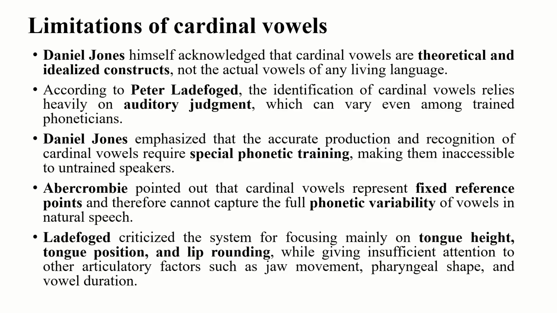And Ladefoged criticized the system for focusing mainly on tongue height, tongue position, and lip rounding, while giving insufficient attention to other articulatory factors such as movement of the jaw, pharyngeal shape, and vowel duration.